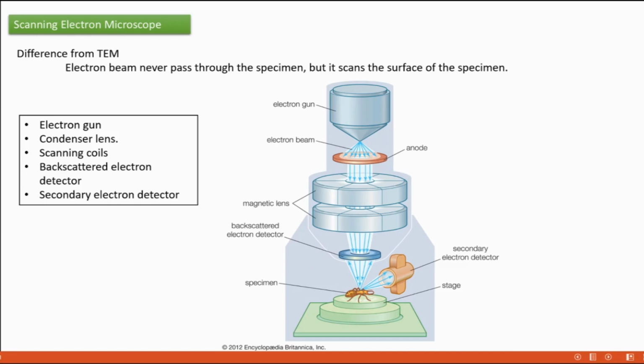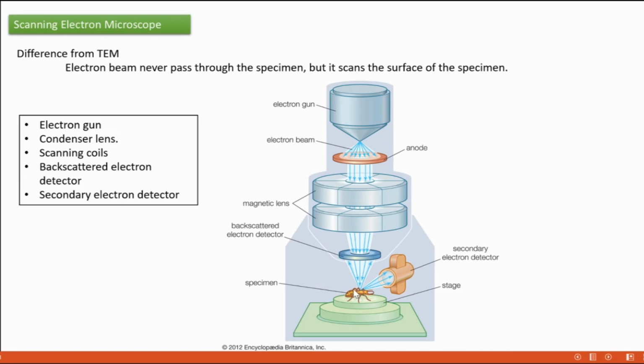The third one is an X-ray detector. X-ray detectors are only rarely found in scanning electron microscopes. What is happening there? As the electron beam hits the specimen, the entire amount is absorbed by the specimen and no electron beam is emitted out.